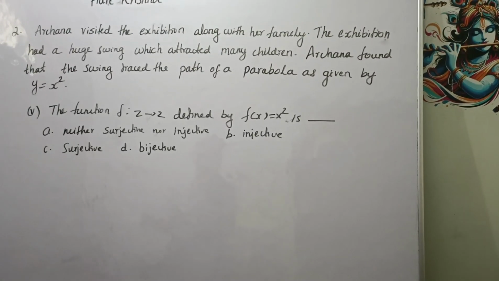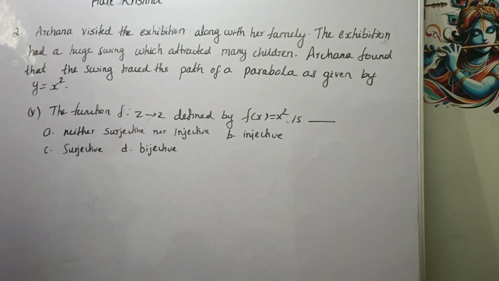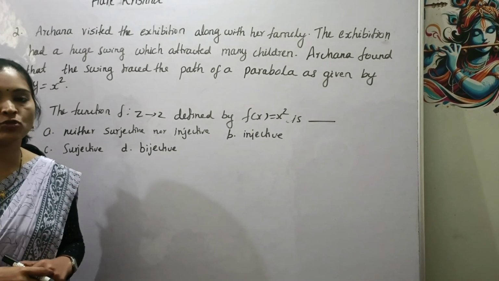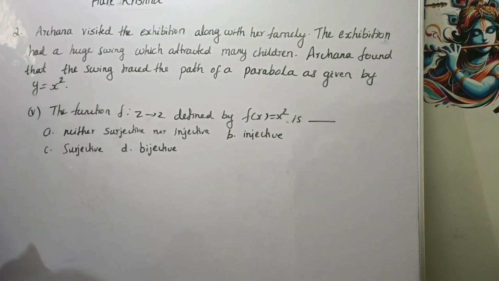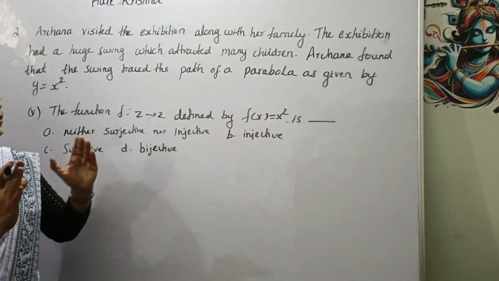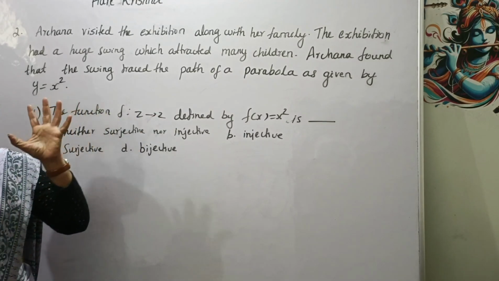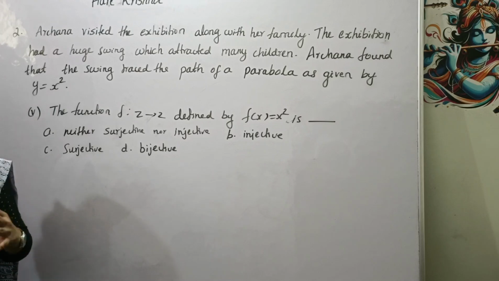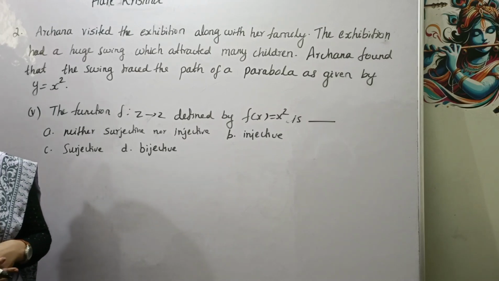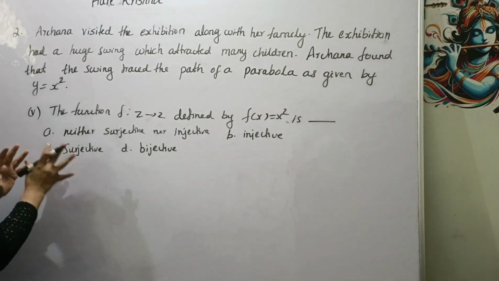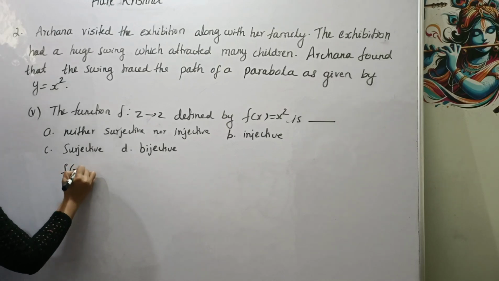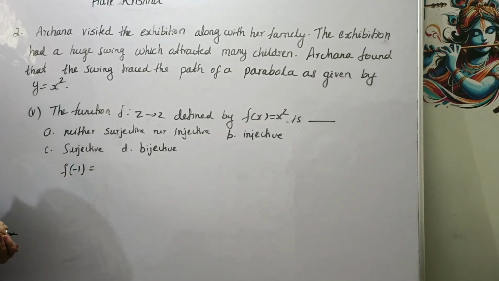Next question is, the function f from Z to Z defined by f of x is equal to x square is dash. Here, the domain is the set of integers, and the codomain is the set of integers. In integers, all the negative numbers are included, right? So here, see, it is clear that minus 1 is in this domain, right?